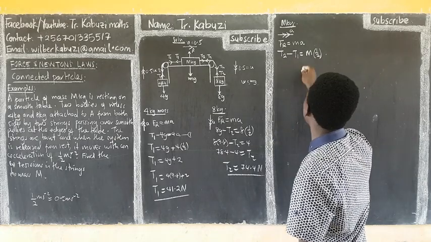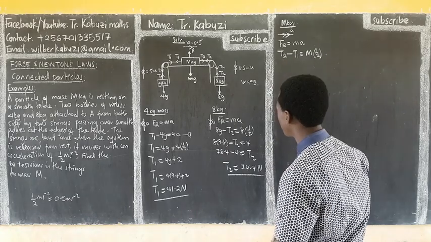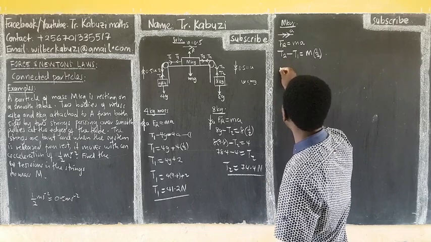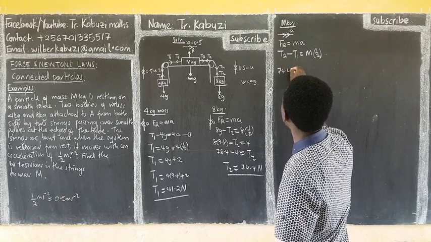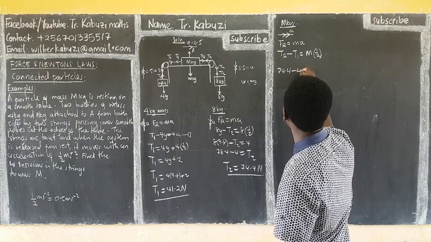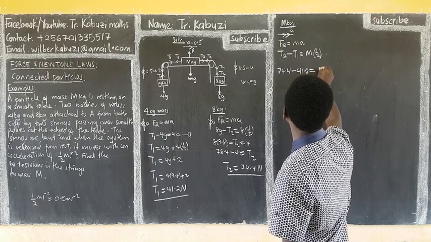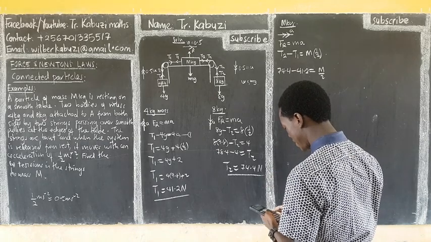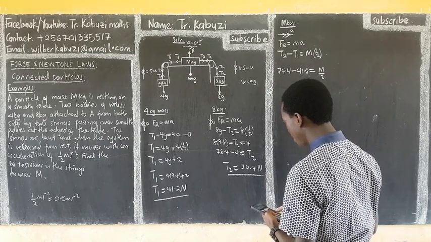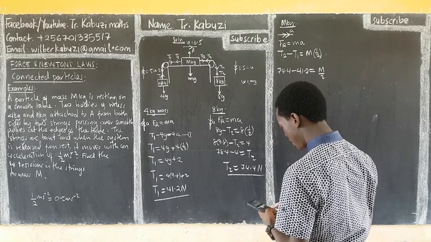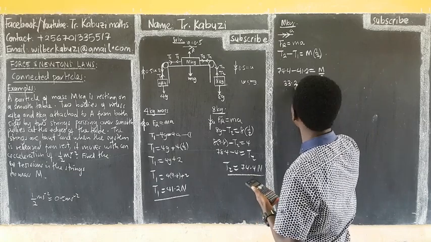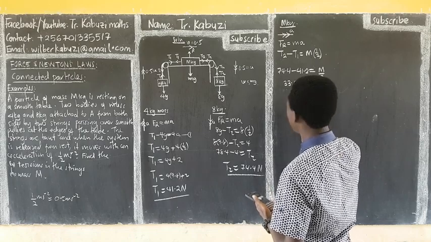So we are going to be adding these two. I have T2, which is 74.4, then minus T1, 41.2, equaling M over 2. When you simplify that, we have 74.4 minus 41.2, which is 33.2, equaling M over 2.